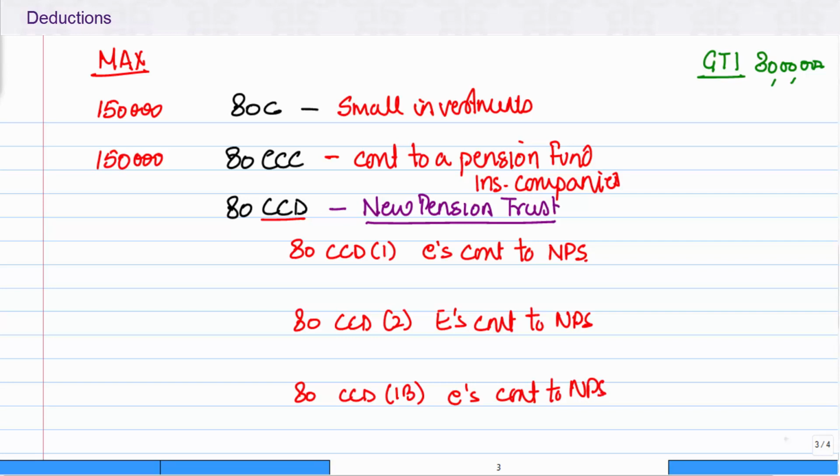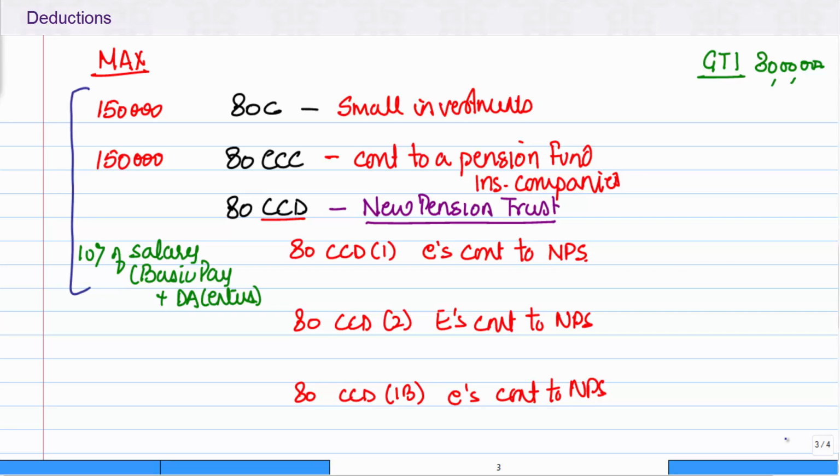Now, let me first write down the limits for you, then we'll do them in detail. The limit over here for this is 10% of salary. And salary over here will include basic pay plus DA if it enters. And I'm kind of expecting a question on this, maybe in the paper. It is possible that there is a question on this over there. Now, on these three, there is another limit of 80CCE, which again restricts the total of these three to 1,50,000.